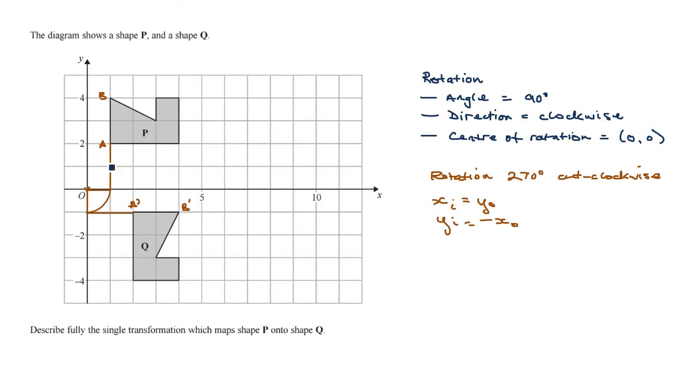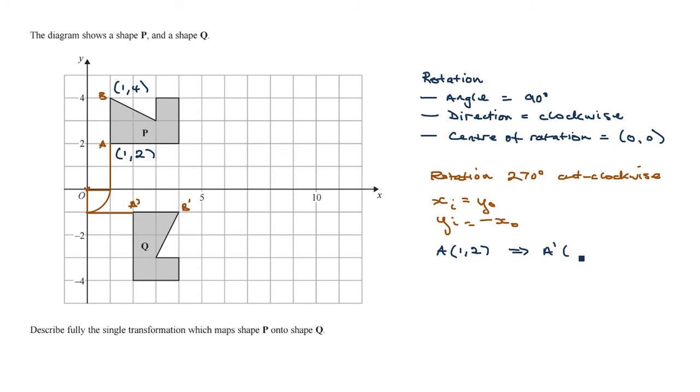So the A coordinate is 1, 2, and we'll do a second one. This B coordinate here is 1, 4. So let's just check then what would happen if I applied this idea to the A coordinates. So 1, 2. Well, that would give me A prime as, so the x coordinate of the image is the y coordinate of the object.